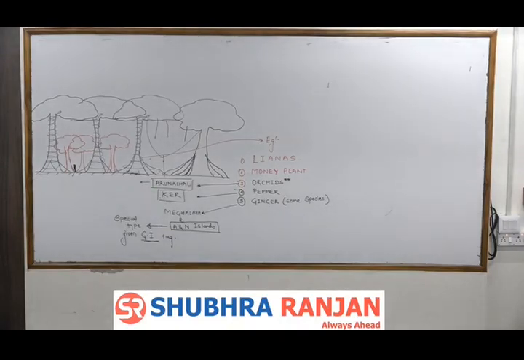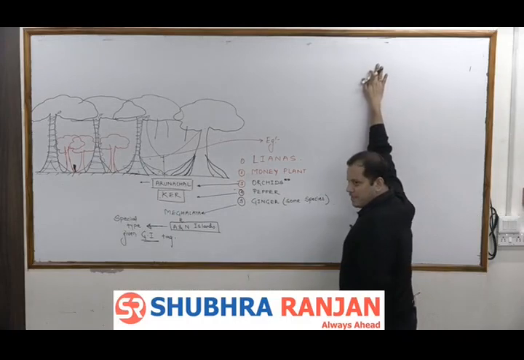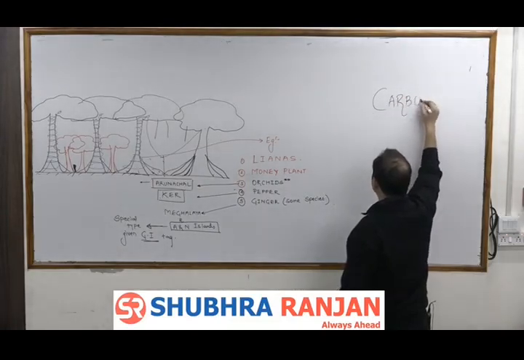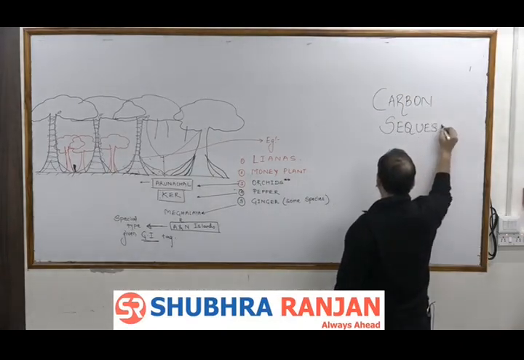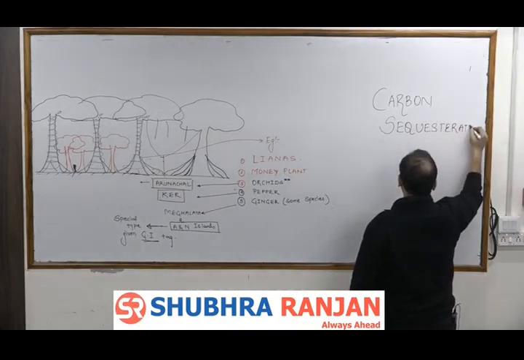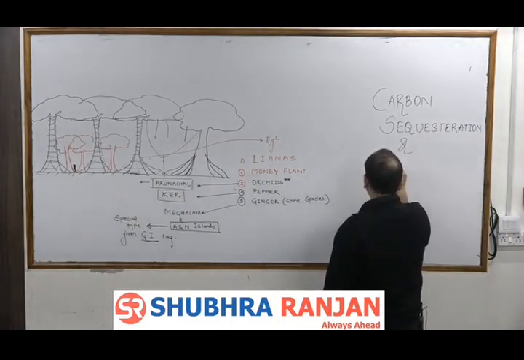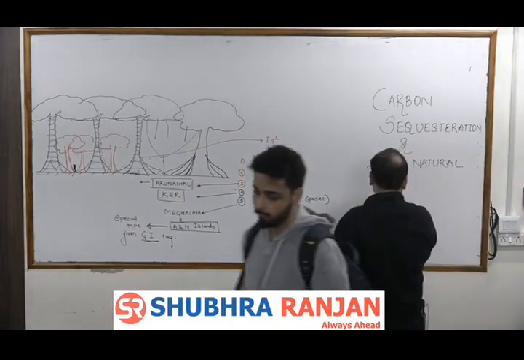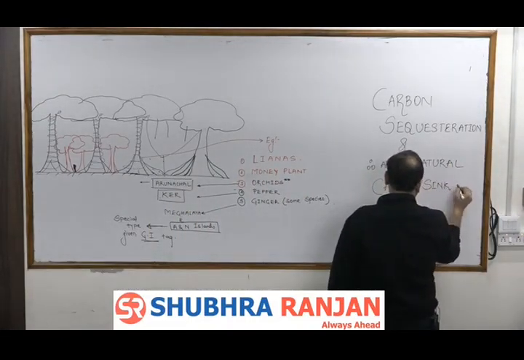But tropical evergreen forest is the biggest natural source of carbon sequestration, and therefore are examples of natural carbon sink.